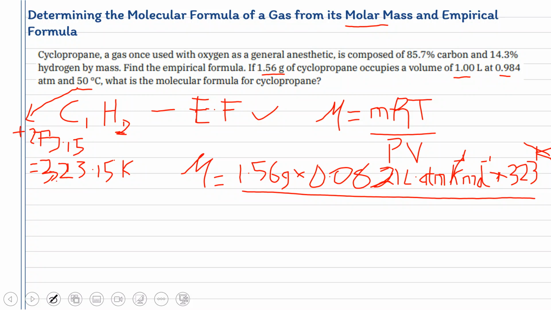That's the first thing here. Now divided by what's our pressure? Our pressure is 0.984 ATM, multiplied by our volume. What's your volume? 1 liter.